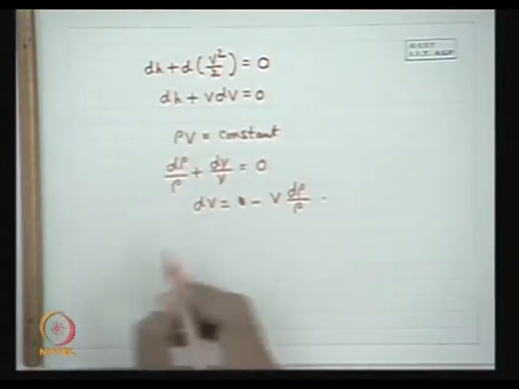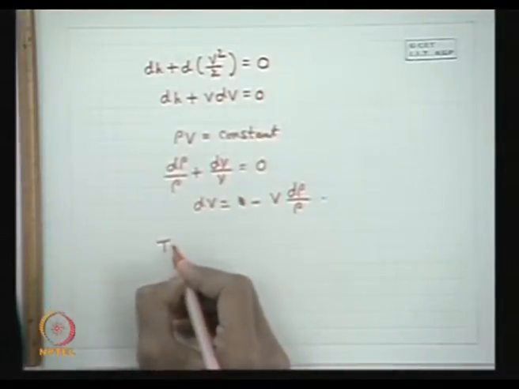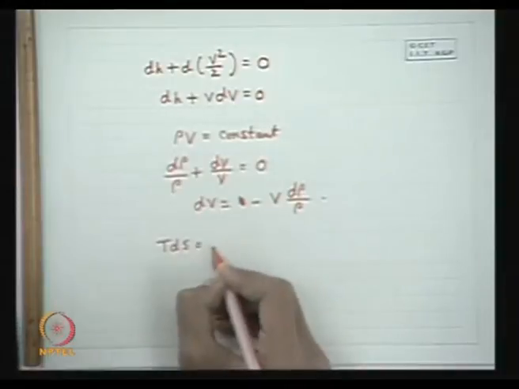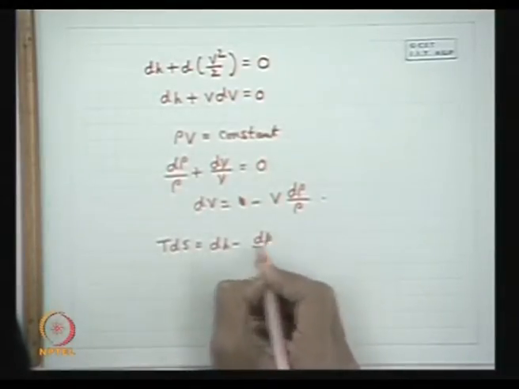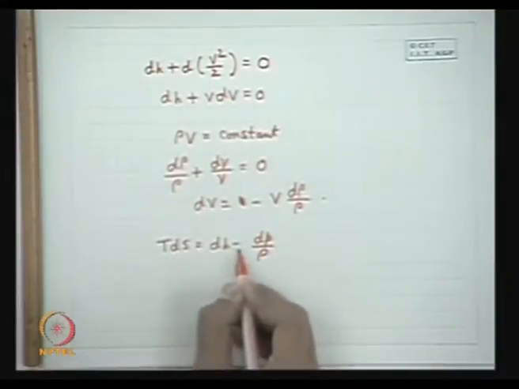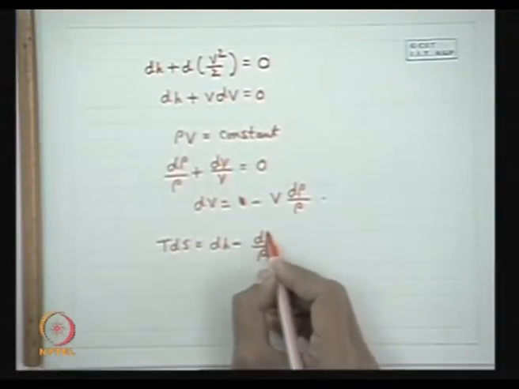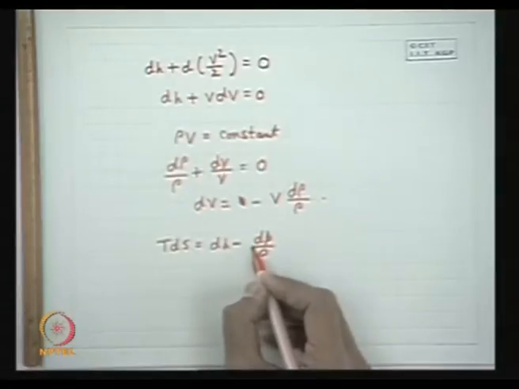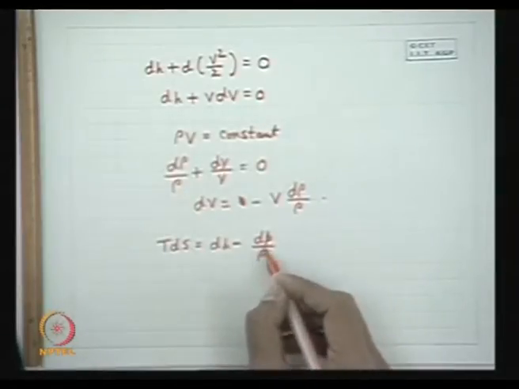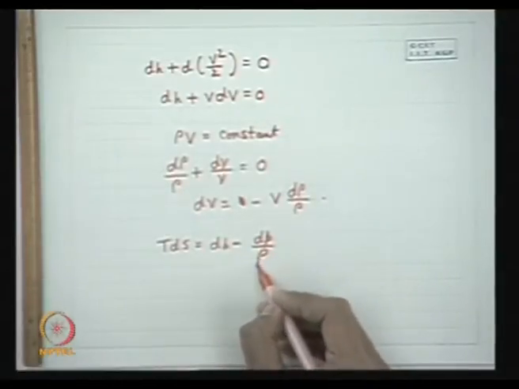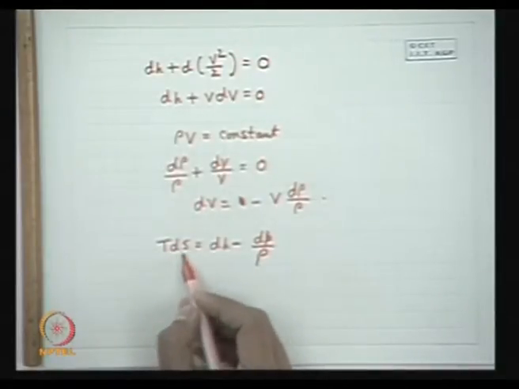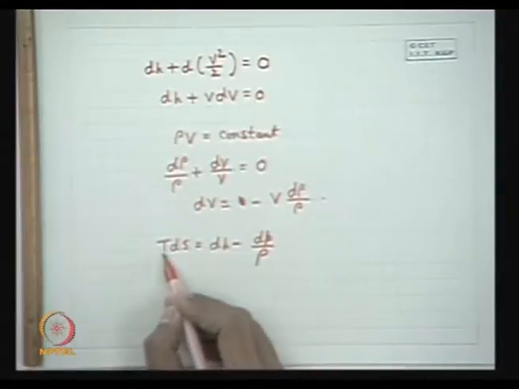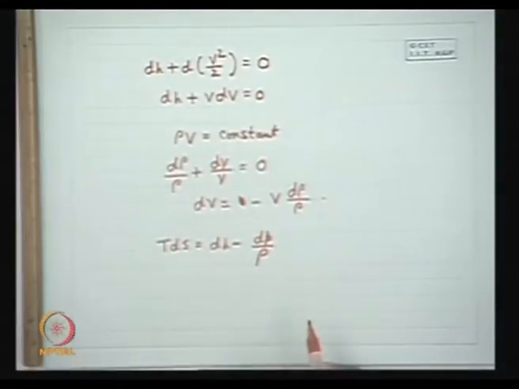Now the thermodynamic property relations can be written as TdS is equal to dH minus dP by rho. That means TdS is dH minus v dP, where v is the specific volume which we use in thermodynamics, and in fluid mechanics we use 1 by rho. We have already discussed this relation earlier.